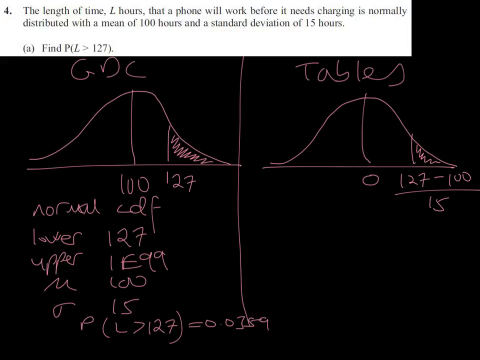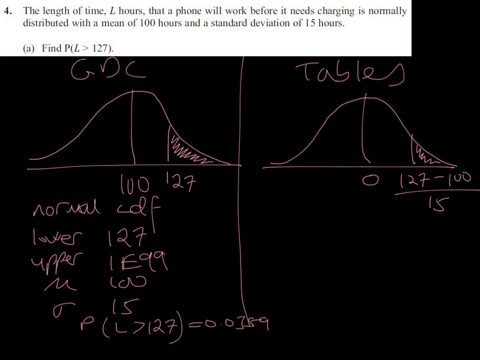So we just need to substitute in a really large positive number, so on your calculator 1, e to the 9. The mean is 100 from the question, the standard deviation is 15. If you just put that straight in your calculator, you're going to get the probability that L is greater than 127, which is equal to 0.0359, so about 3.6%.